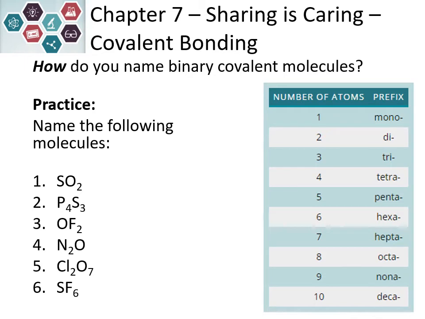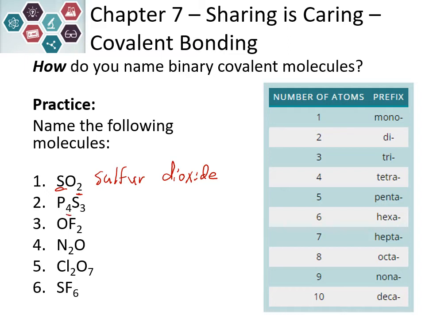Let's try a couple of examples. So sulfur, because there's only one S in our formula, we do not include the prefix mono. So this becomes sulfur. There are 2 of the oxygen, so it's di, and the ending gets changed to IDE, so oxygen becomes oxide. So SO2 would be sulfur dioxide.